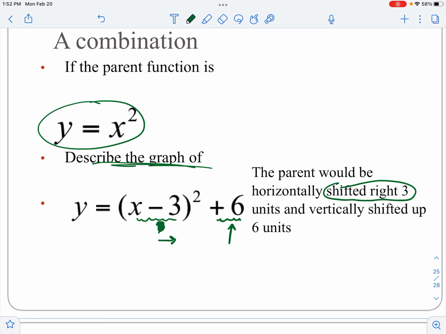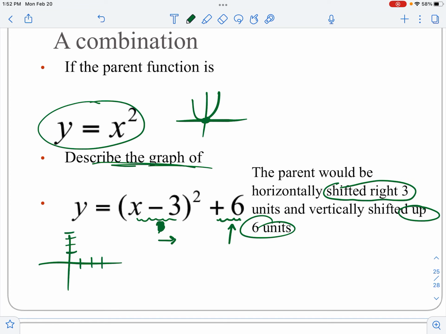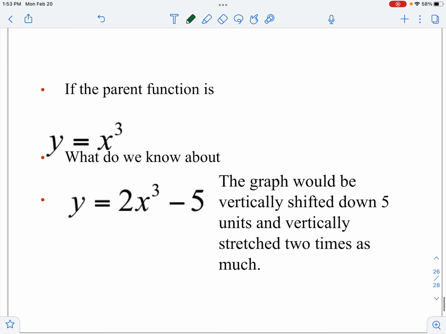This plus 6 on the end shifts the graph up 6 units. So we know that this general U shape for a parabola that goes through 0, 0 for x squared is now going to be shifted 1, 2, 3 to the right, and 1, 2, 3, 4, 5, 6 units up. And so that's where it's going to begin, and it's still going to have that generic parabola or U shape. Okay, let's keep going.